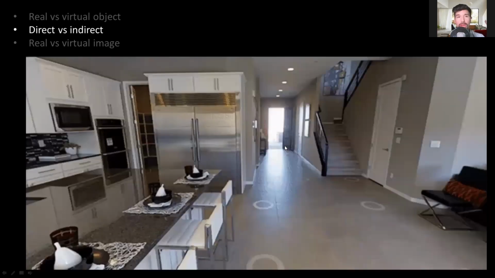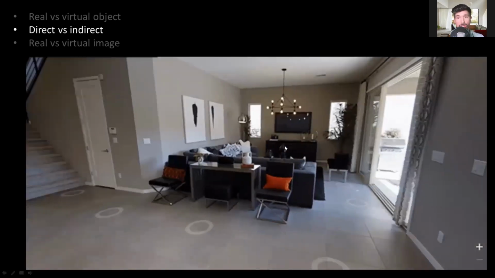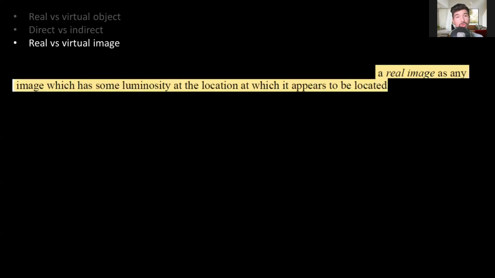So that means that we now have to talk about whether something is a real image or a virtual image that we are perceiving. And hence we need to answer these questions: is something a real image or a virtual image? As is described in the research paper, a real image is any image which has some luminosity at the location at which it appears to be located.